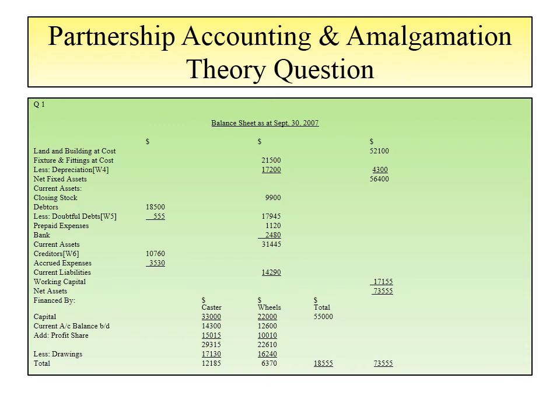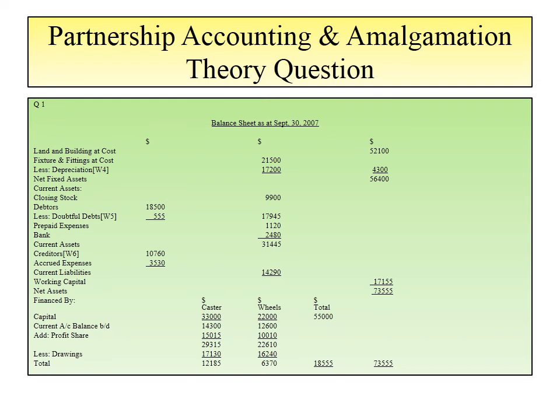Now the appropriation portion, how it is financed. Capital amount of both the partners is given in the trial balance, and the total for both the partners is 55,000. Current account balance is taken from the trial balance, and we add up the profit share.